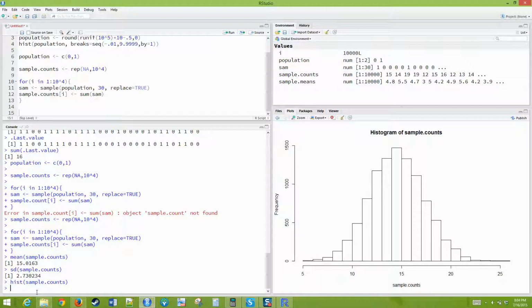We see the histogram looks very much like the normal distribution. We get, I don't know, that's 14 or 15. We're getting a particular number very often, and then as we get further and further away from that, it becomes less and less likely. Yes?